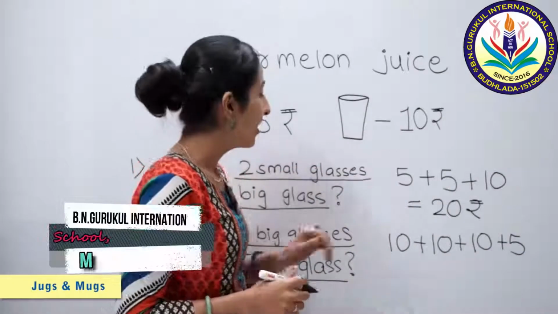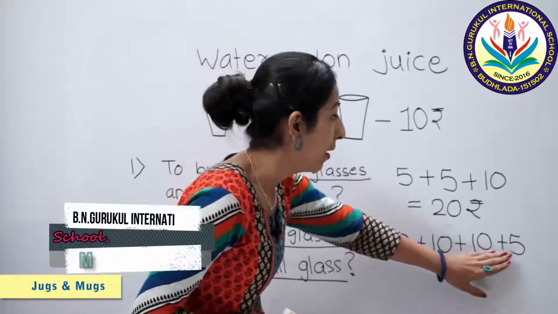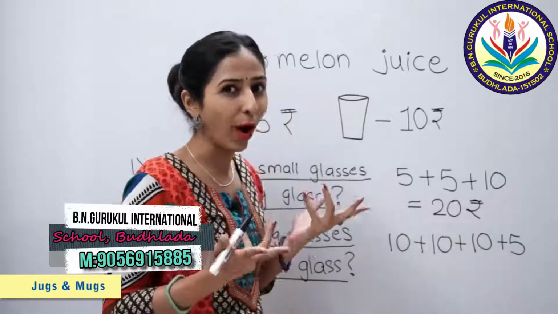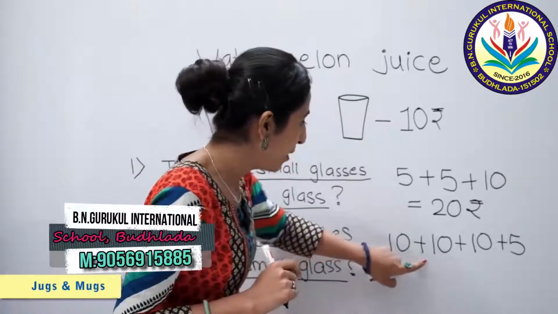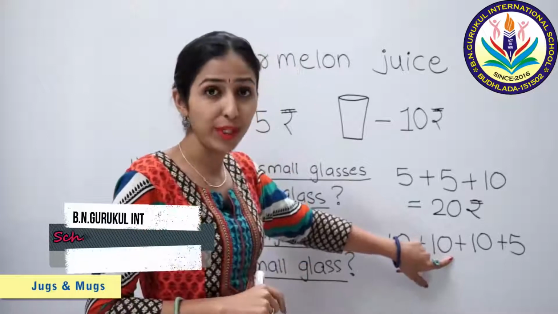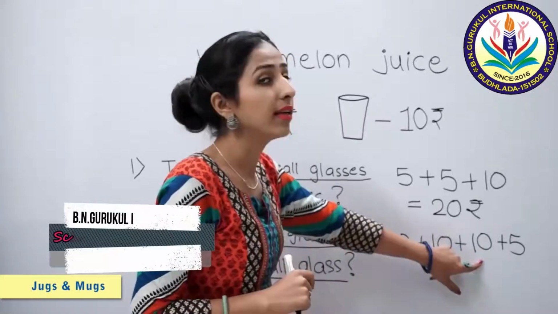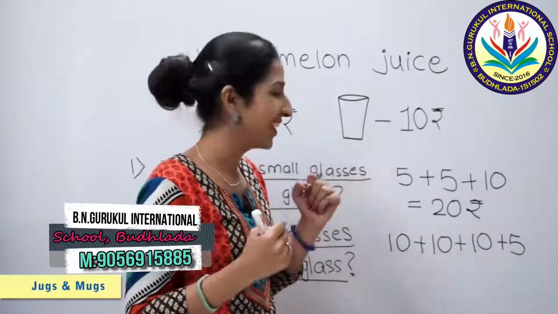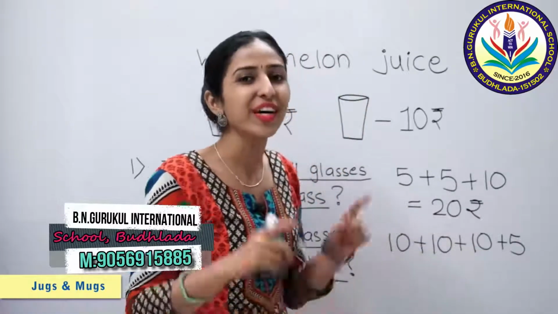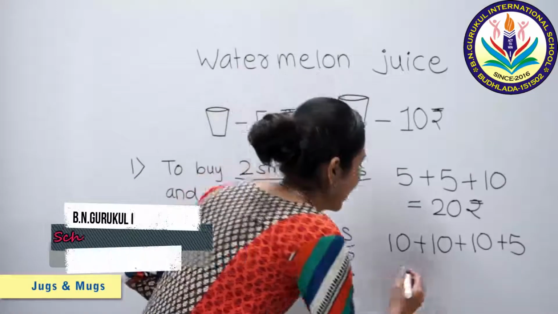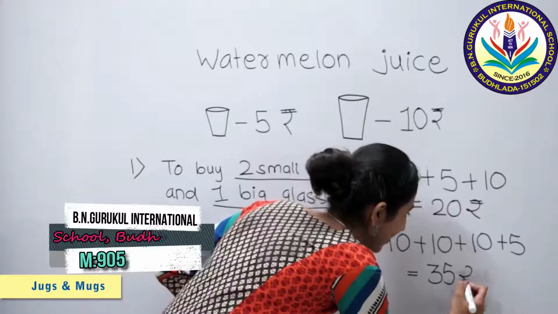So, plus 5. 10 plus 10 plus 10 plus 5 is equal to how much? Let's count. 10 plus 10 is equal to 20. 20 plus 10 is equal to 30. 30 plus 5 is equal to 35. 35 rupees.